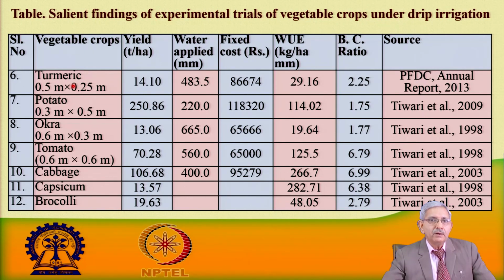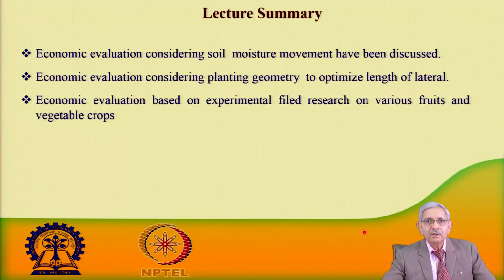Similarly, for turmeric, potato, okra, tomato, cabbage, capsicum, all these are vegetable crops, and studies have been carried out. For these, the yield, water applied, these data are useful for you people when you are referring to them. You can refer to these things: fixed cost, water use efficiency, and benefit cost analysis have been carried out.